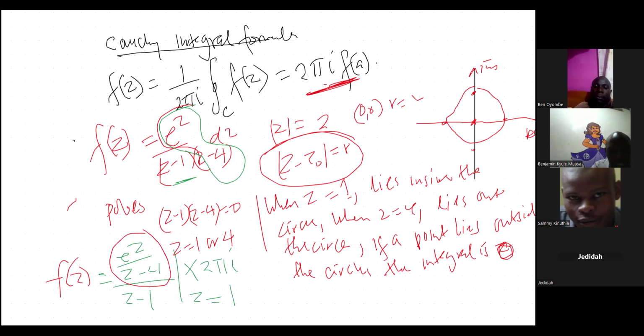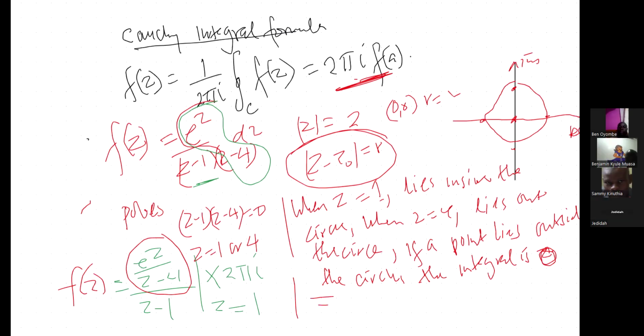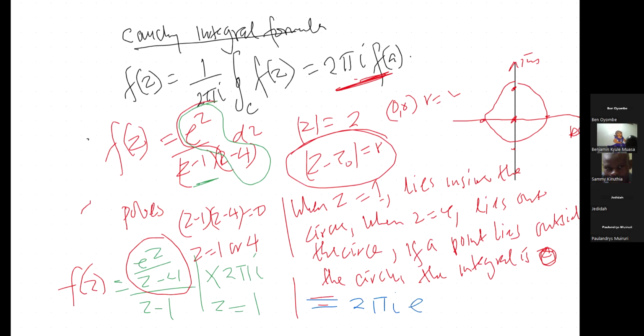So our final answer here will be 2 pi i, then e to power 1 divided by 1 minus 4, which is minus 3. So the final answer will be minus 2 over 3 pi i e, like that. And that's the answer. Because the other pole, 4, lies outside the circle, we don't care about it.